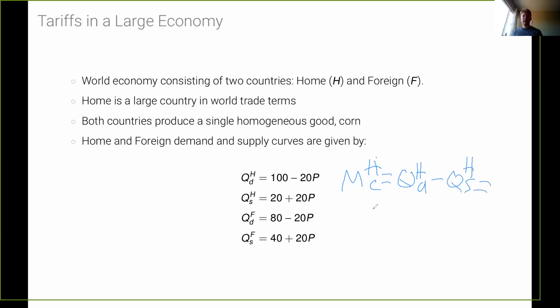And so here that's going to be equal to 200 minus 20p minus 20 minus 20p. And so what that's going to give us is 80 minus 40p.